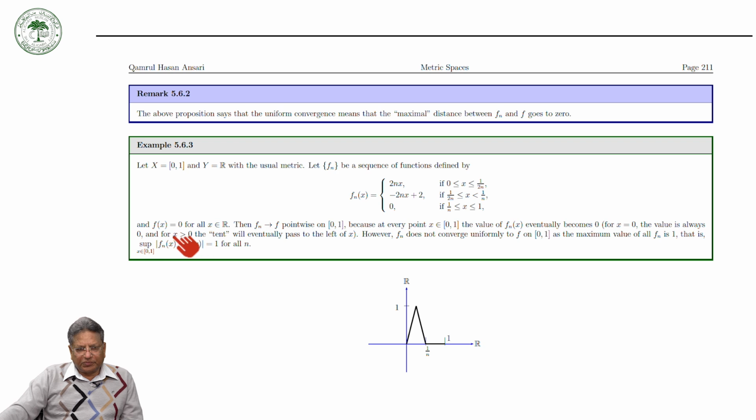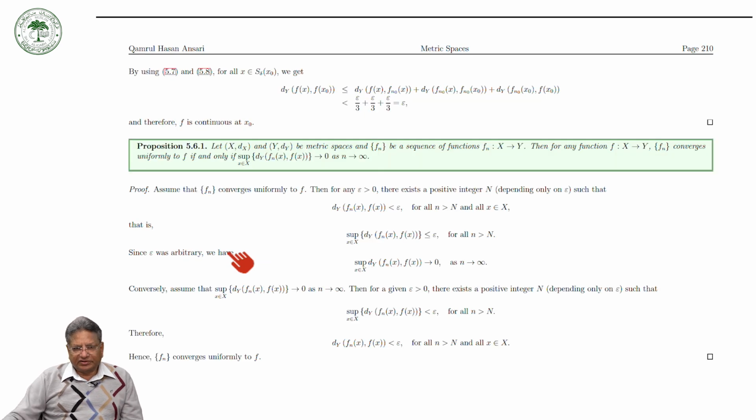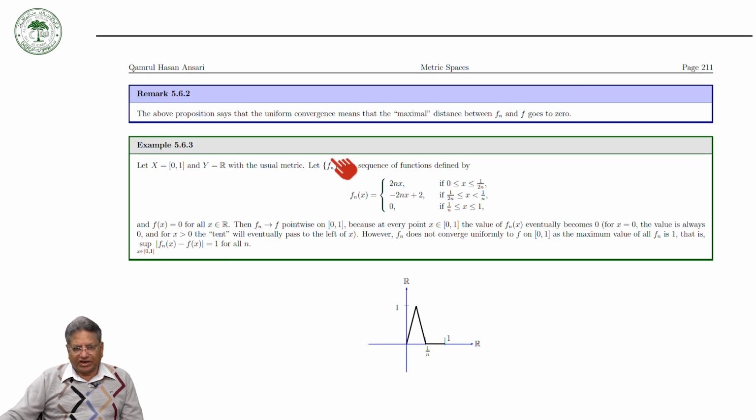That is, the supremum of this is equal to 1 for all n. The previous result says that the supremum of this distance converges to 0. But here you can see that the supremum is equal to 1, which means that the supremum does not converge to 0.